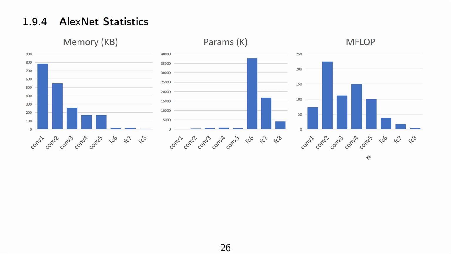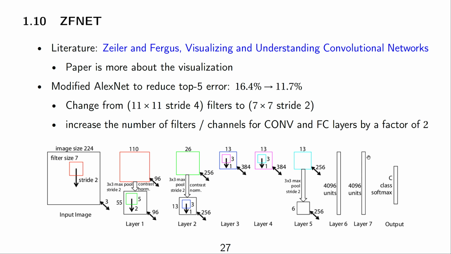That was the most important competition that could have been won. Next year, we see an engineered network that improves upon AlexNet. The success is still quite significant. You see the top 5 error being reduced from 16.4 to 11.7%.